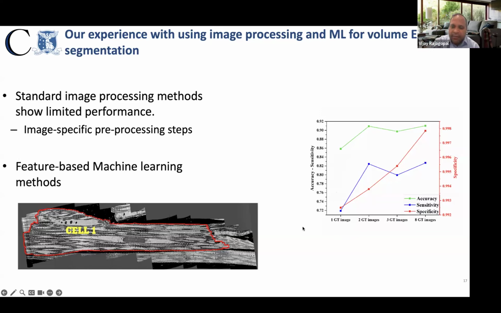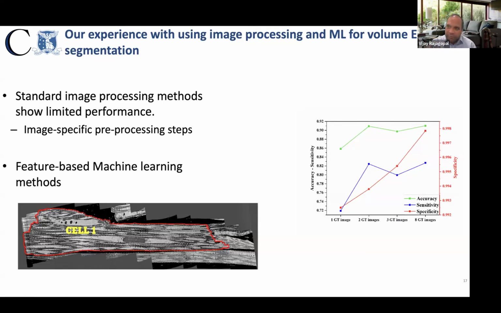And you can see that it is possible, as you increase the ground truth images, to improve your metrics on performance in segmentation. But the challenge was that we had to know what combination of features would work to segment these data sets. And again, that is not great for scalability, because once you have a different data set, you'll have to think about other features to extract.